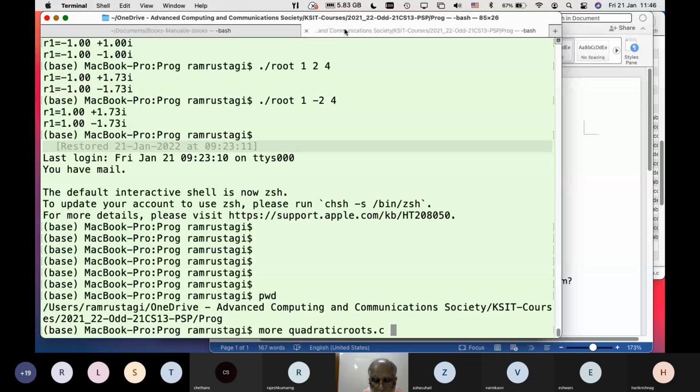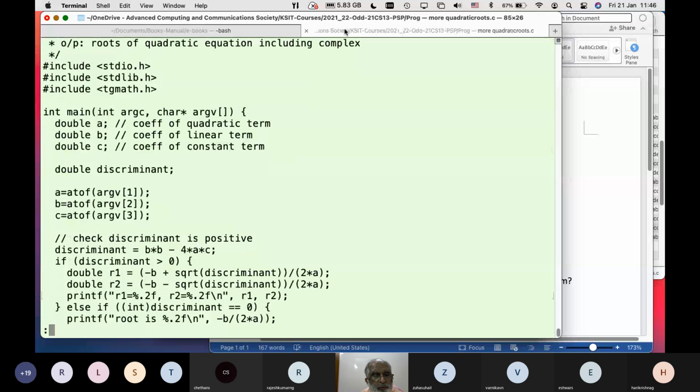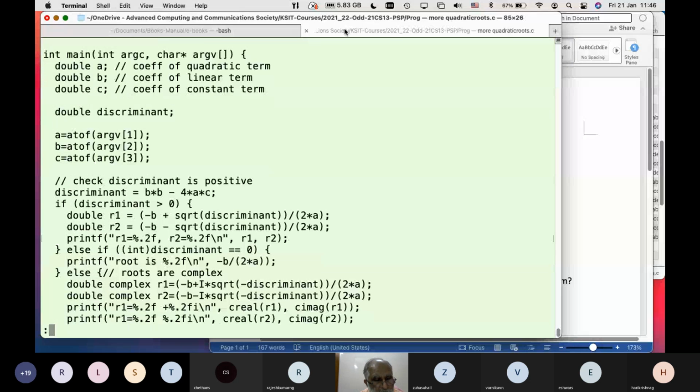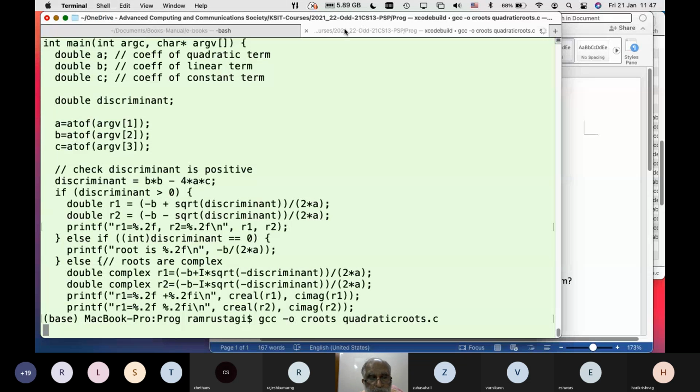This is the program which I've shown you. I'll compile and run it. I talked about the compilation and running phases in the early lectures. Let's say my program is roots. The program should compile, and once it compiles and links, I should be able to run this program and get my answers. Now I can say ./roots.